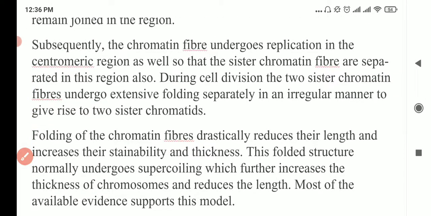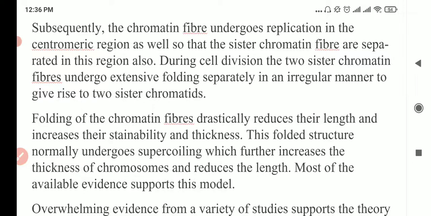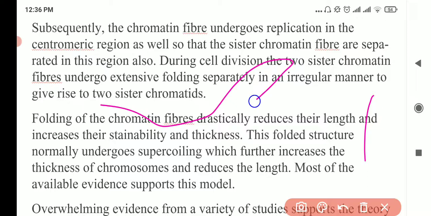The chromatin undergoes replication in the centromeric region also, so that the sister chromatin fibers are separated in this region also. The centromere also gets replicated so that you can separate right from the centromere.